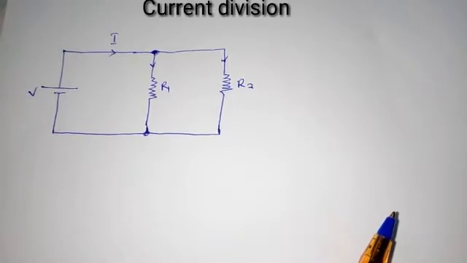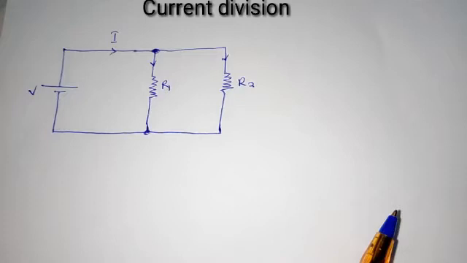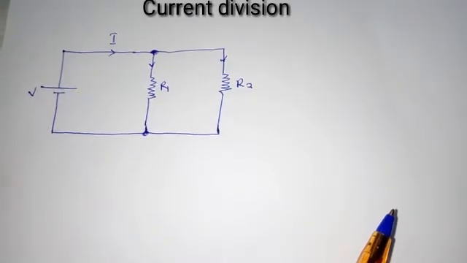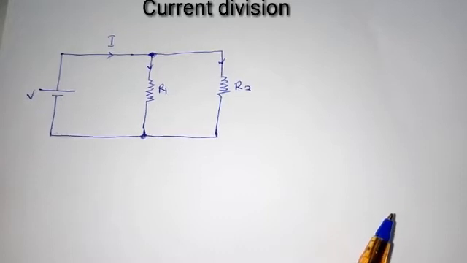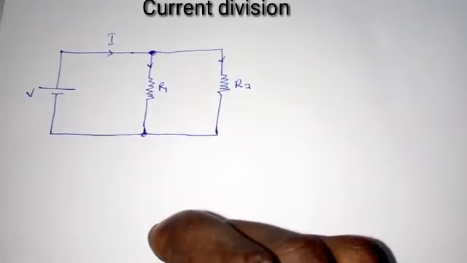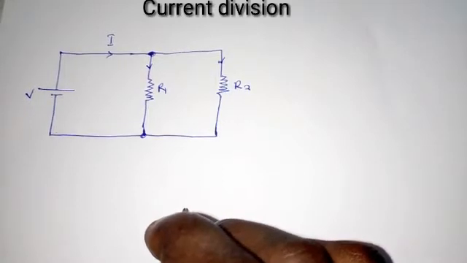Today we look at a very important topic in applied electricity, that is current division. Whenever current approaches a node, it splits into two or more currents, and that depends on the nature of connection at the node.